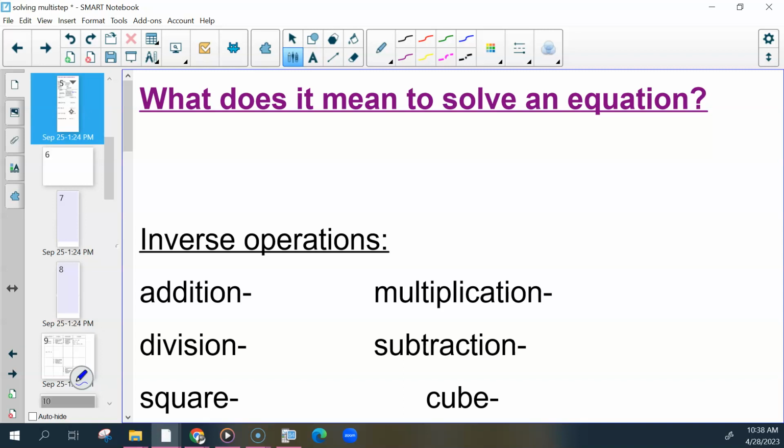What do we do to solve for something? Adding, multiplication, subtracting, division. Using our inverse operations. So use the inverse operations to find our answer.